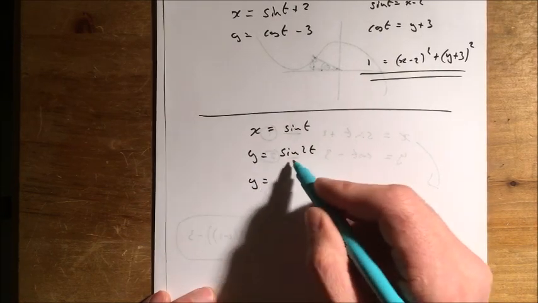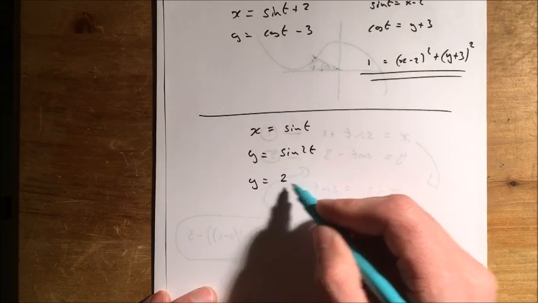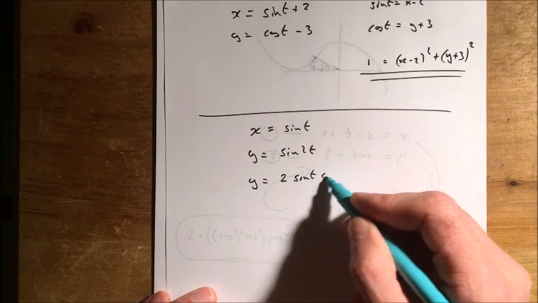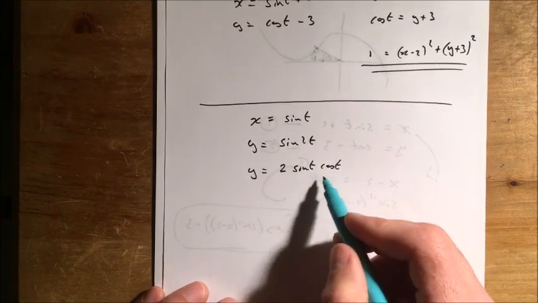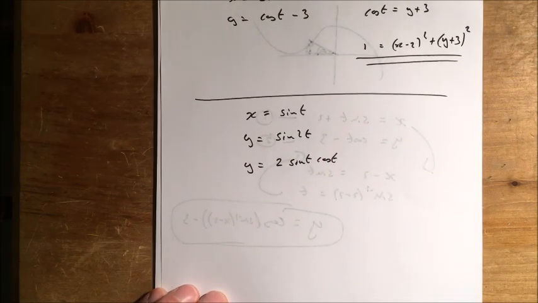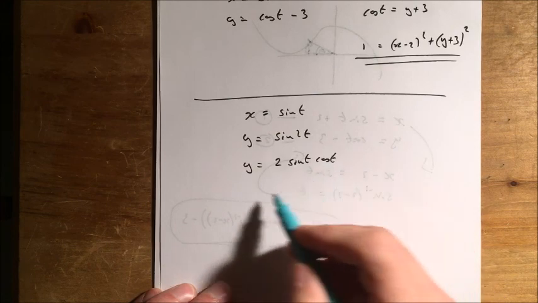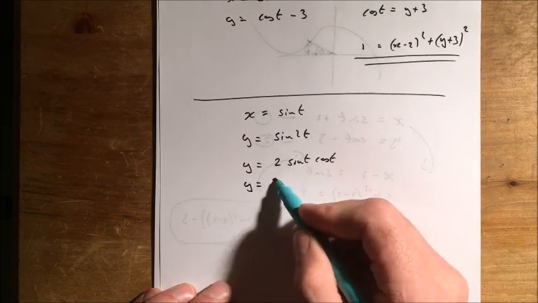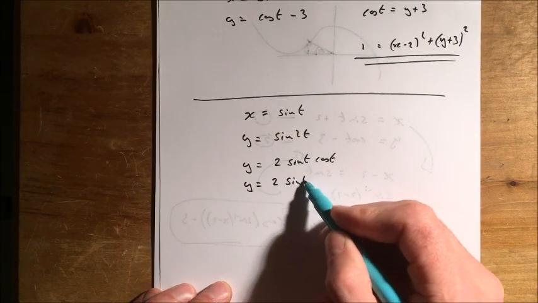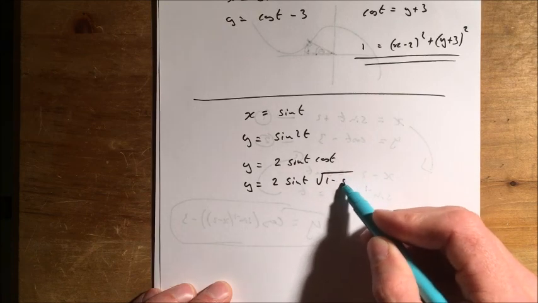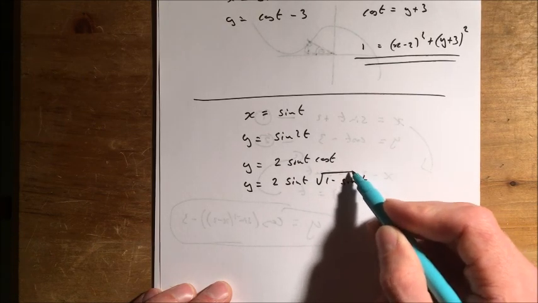So y equals, or sine 2t is 2 sine t cos t, right? And then what we're going to do is we're going to say, well, cos t is the square root of 1 minus sine t squared.